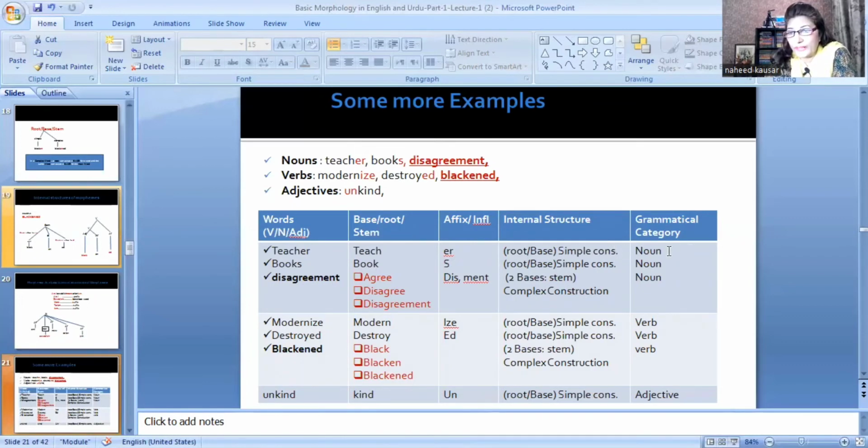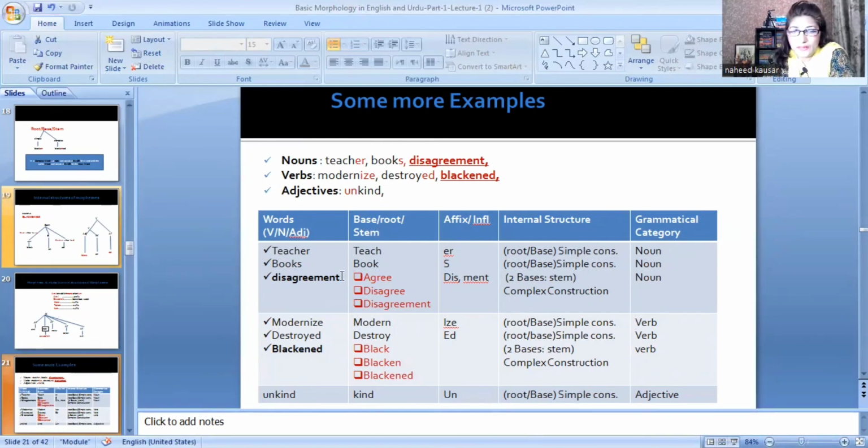The overall grammatical category is noun. In books, book is the root word and S is the inflection attached to it. So in a way, books is an inflected word, and it is a simple construction because there is no further word made into it. The grammatical category for this word is noun.